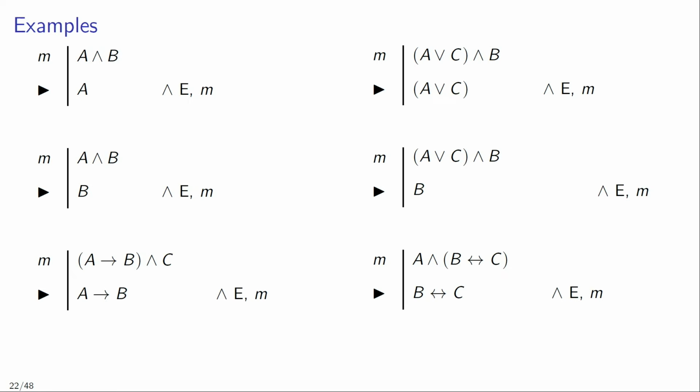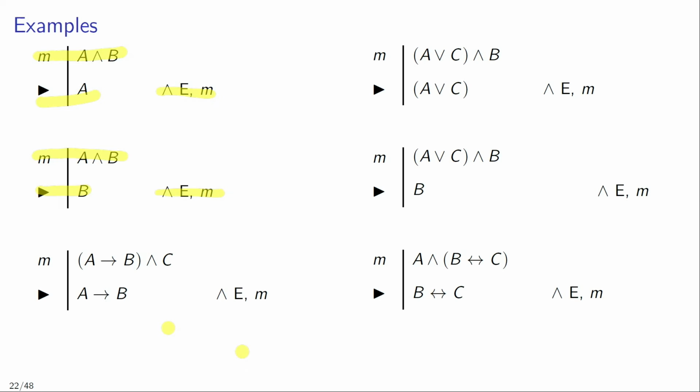If in line M of your proof you have the conjunction A and B, you can infer the first conjunct A, citing the rule conjunction elimination as applied to line M. And similarly, if in line M of your proof you have the conjunction A and B, you can also infer the second conjunct B, and again cite the rule conjunction elimination to justify this inference.